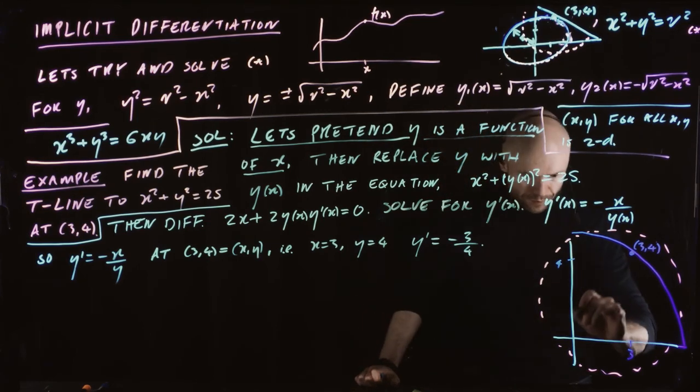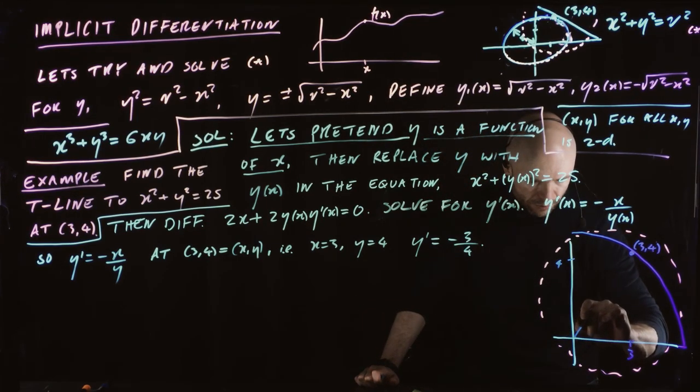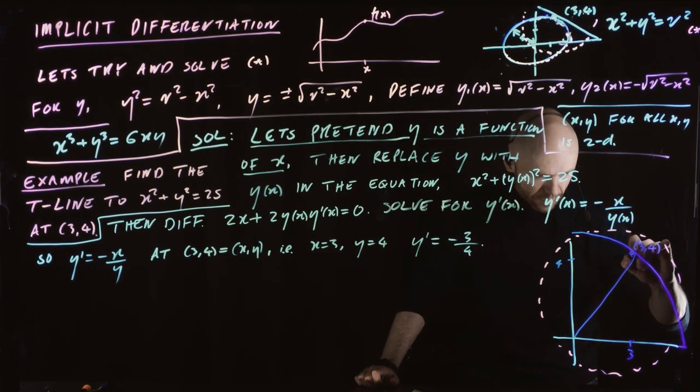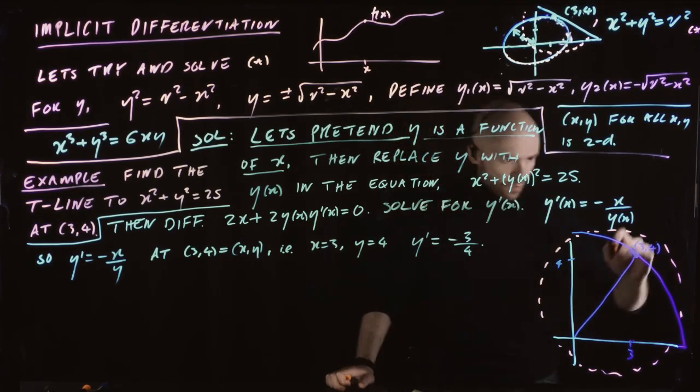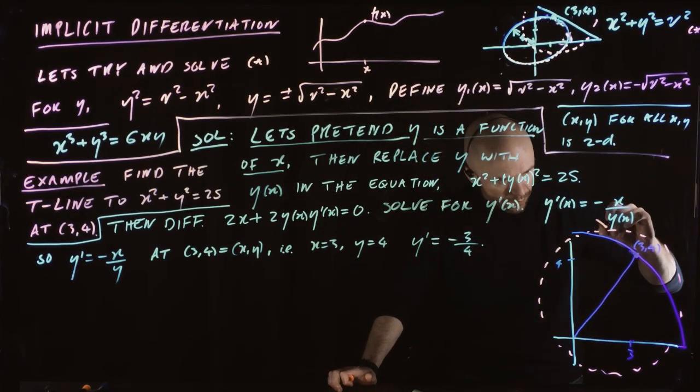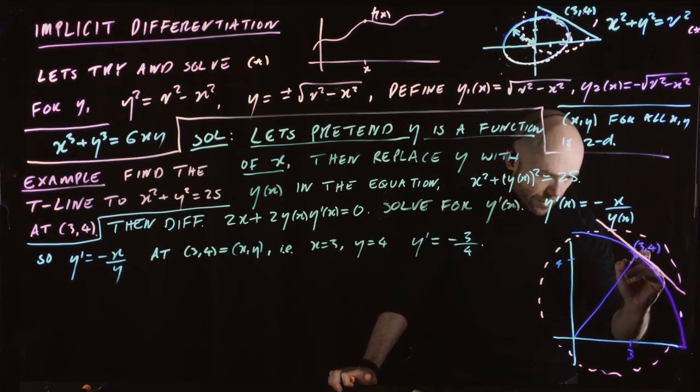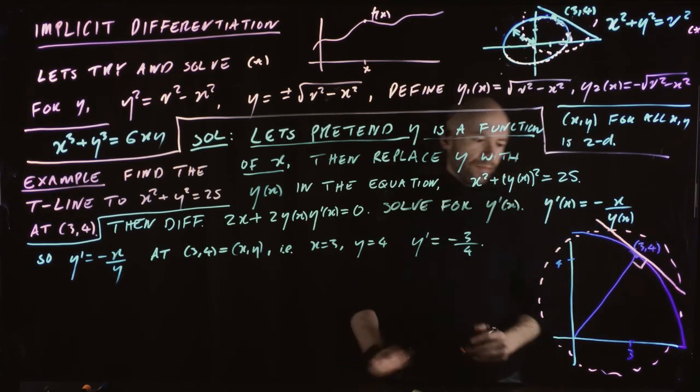If we draw the line from 0 to 3, 4, then the tangent line is like this, right? So the tangent line in particular is perpendicular to the line we've drawn from 0 to 3, 4.